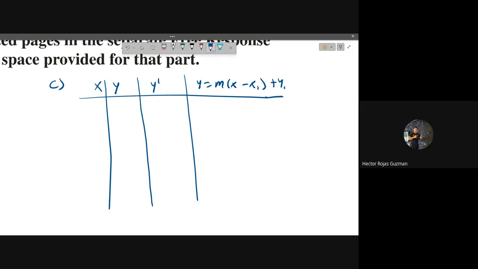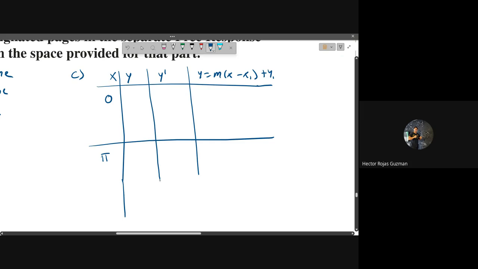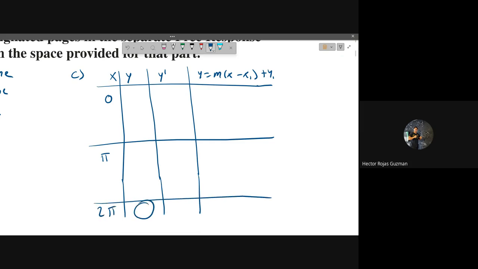We're starting at 0. And we're going to use 2 steps of equal size to get the approximation for 2 pi. Whatever we give for 2 pi, that's going to be our answer. So when x is equal to 0, y is also equal to 0.